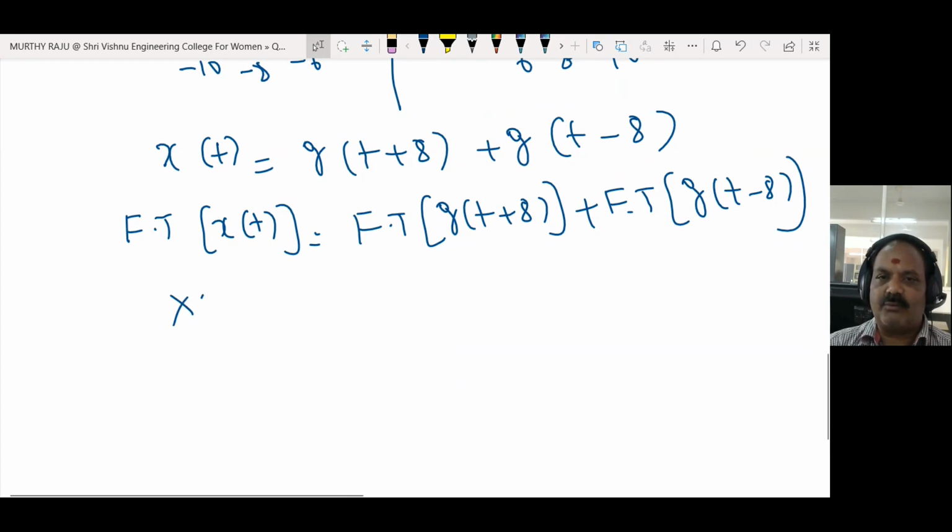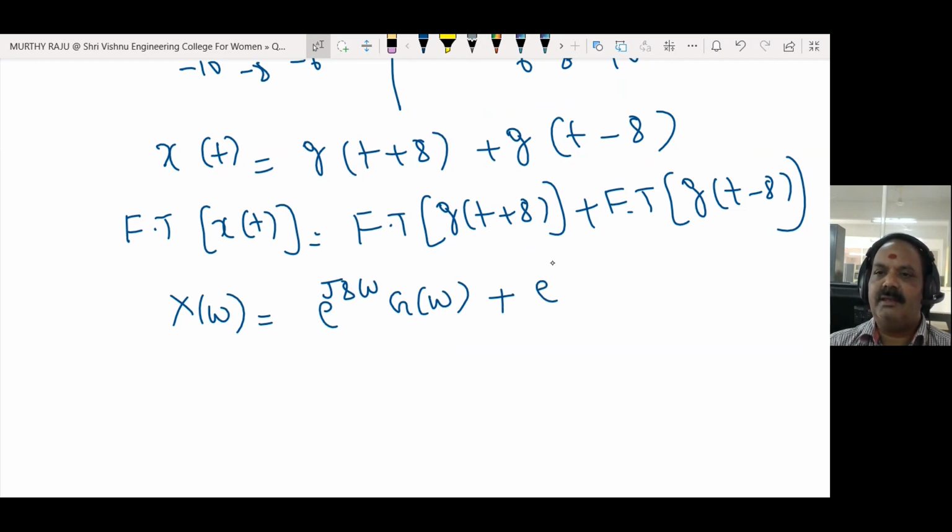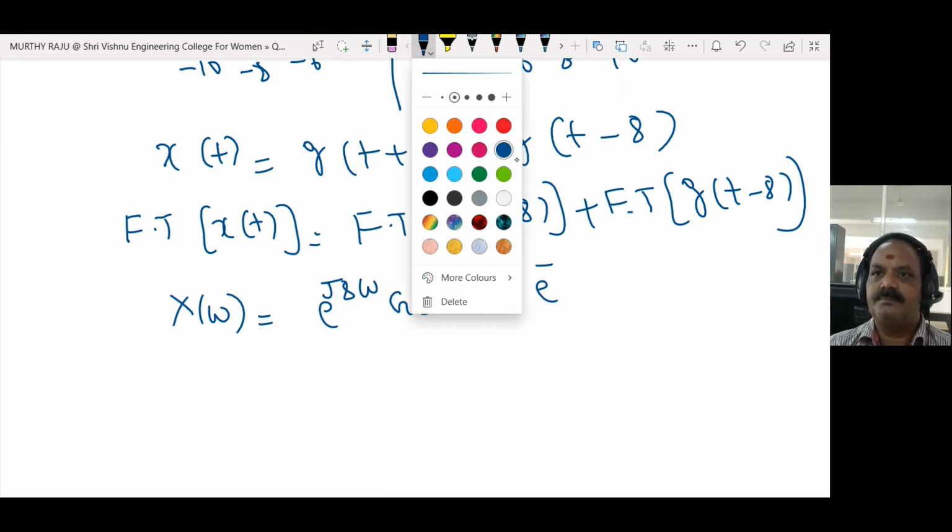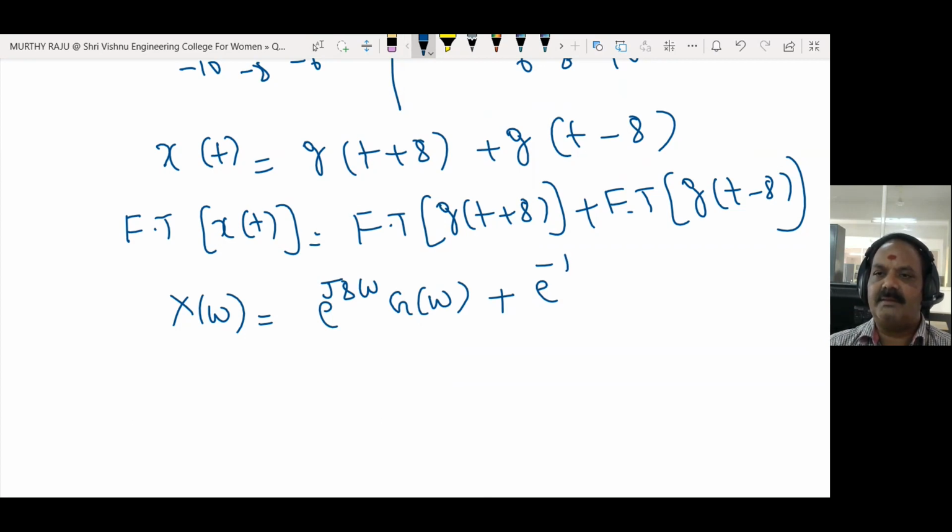The Fourier transform of x of t, X of omega, is equal to e power plus j 8 omega into G of omega plus e power minus j 8 omega into G of omega, using the shifting property.